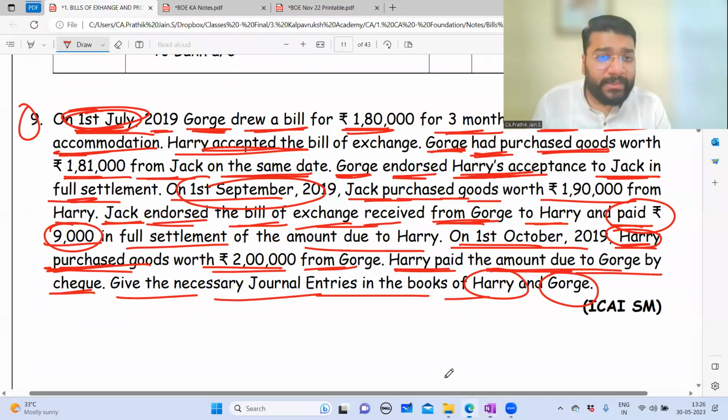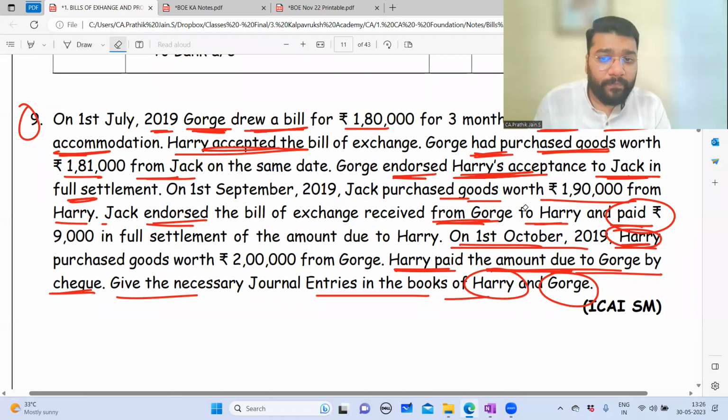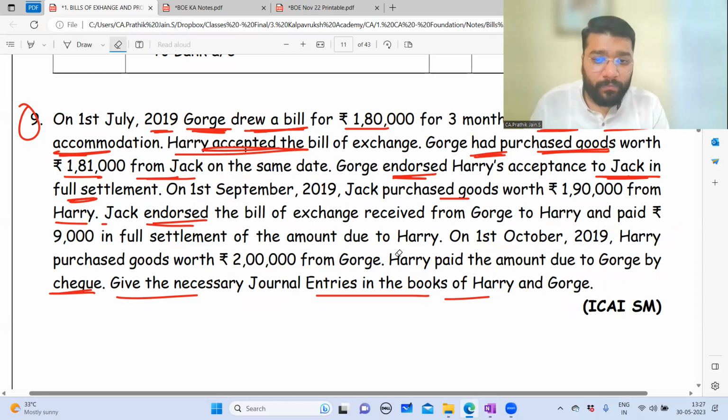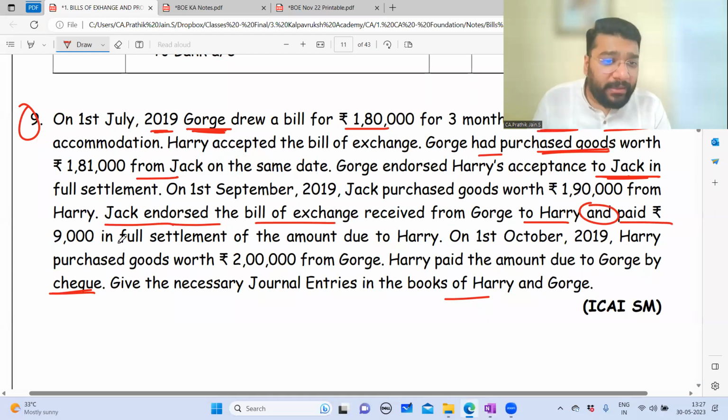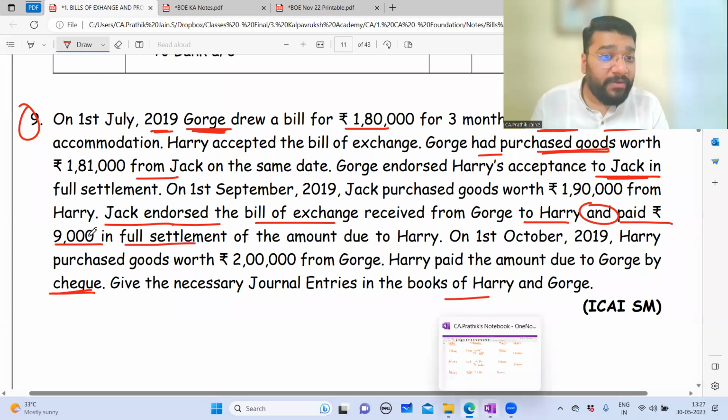Now look at the language. It says that Jack endorsed the bill of exchange to Harry plus paid 9,000 in full settlement. Full settlement.